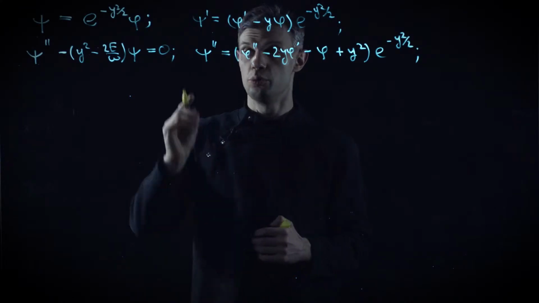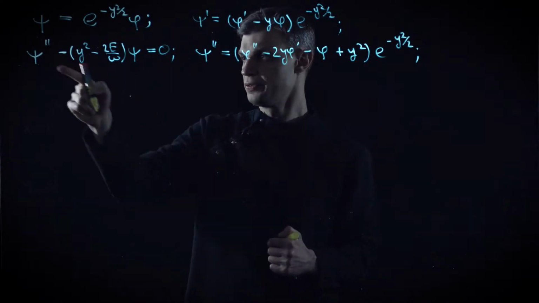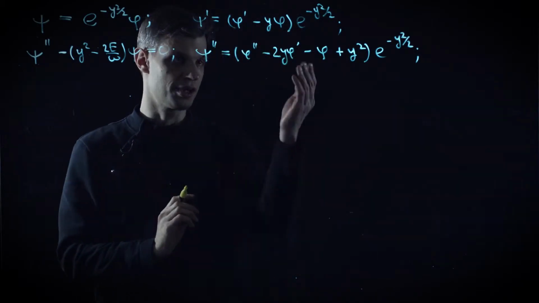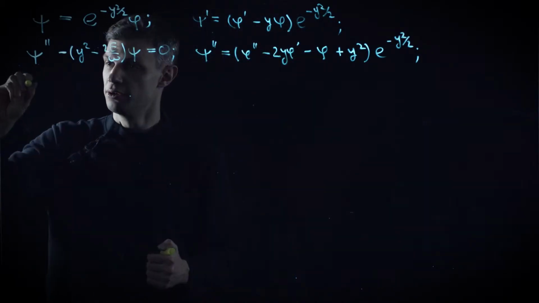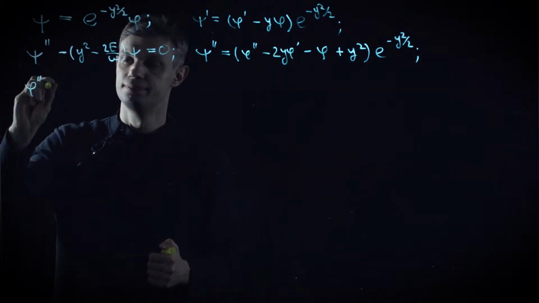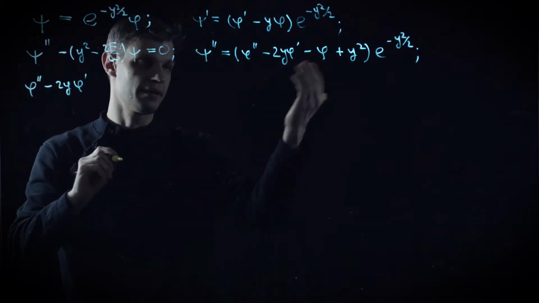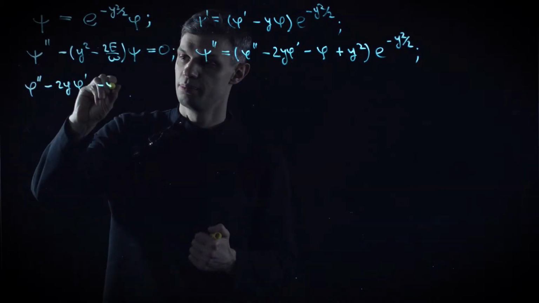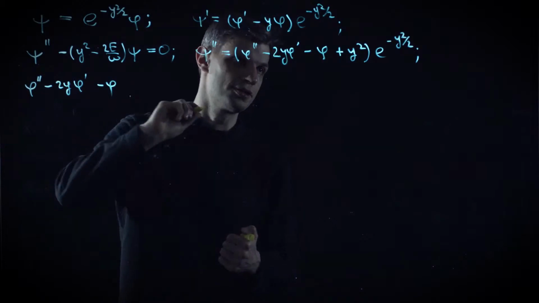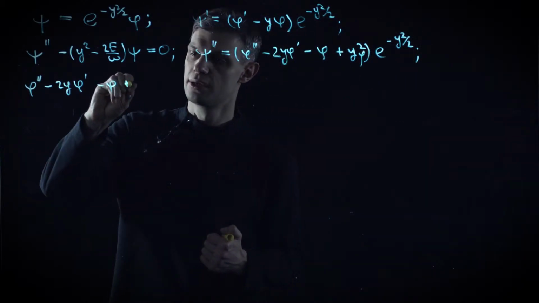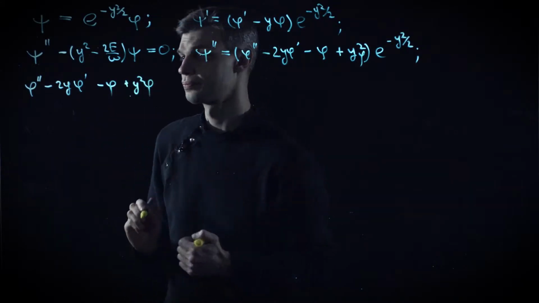Right. Now we should plug this second derivative into our initial equation and see what's going to happen. So phi prime prime minus 2y phi prime, and minus this term minus phi plus y squared phi, of course, plus y squared phi.